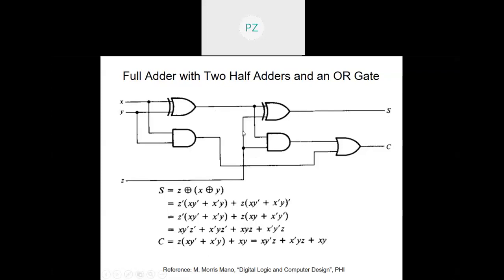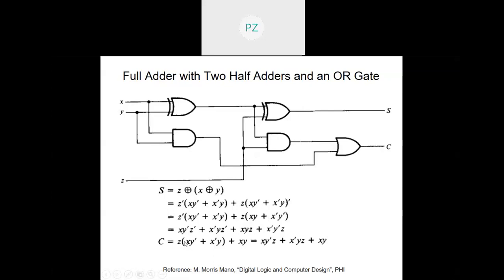In C, what I'm doing is X exclusive OR with Y ANDed with Z, right? So X exclusive OR with Y, this is the expression, this is ANDed with Z, right? Plus this is xy, the carry bit of it, as we've obtained in the previous slide. So I have ORed these two.